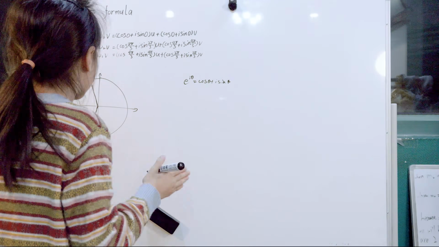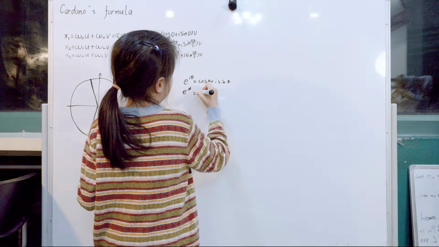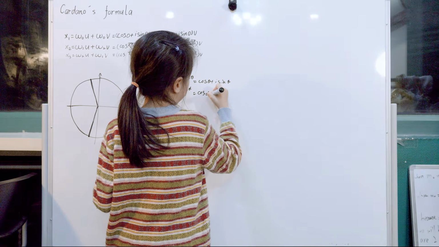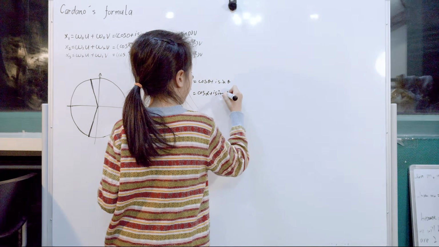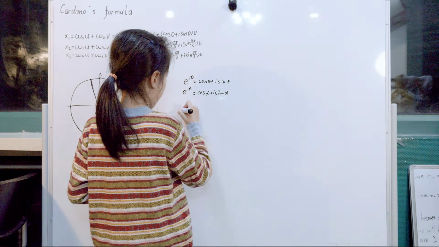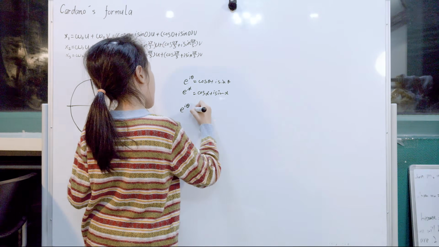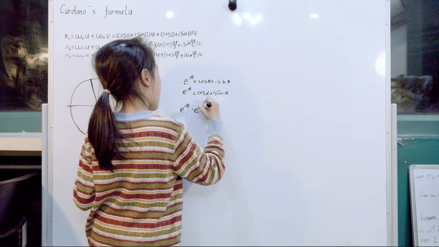Okay, so what are we going to do? We have another, e to the i alpha, which is cosine alpha plus i sine alpha. What we're going to do is multiply them together. So e to the i theta times e to the i alpha.